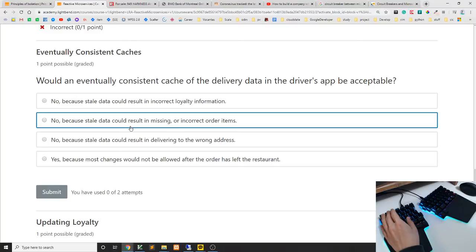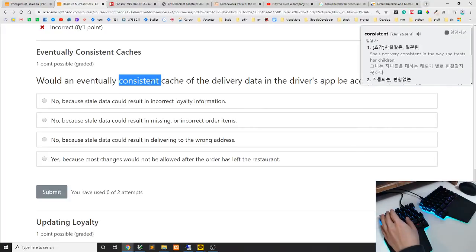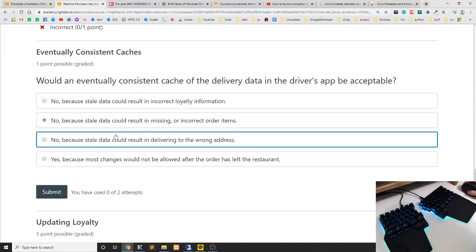No, because stale data could result in the incorrect loyalty information. No, because stale data could result in missing or incorrect order items.